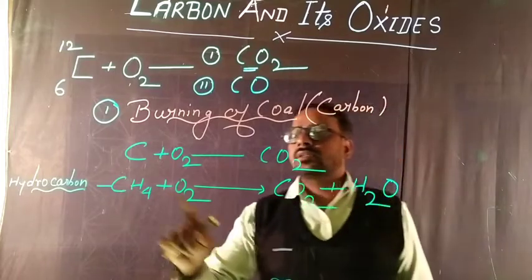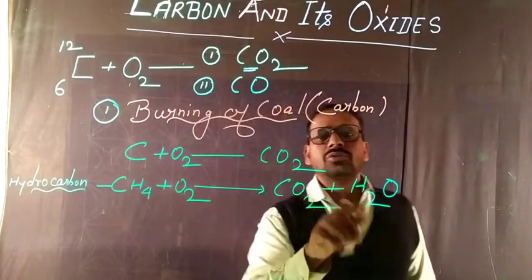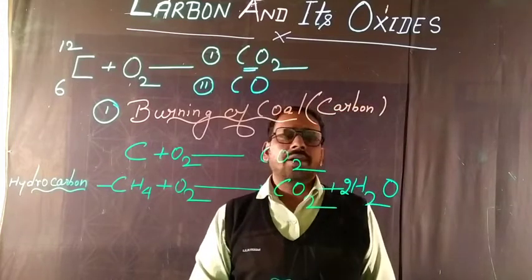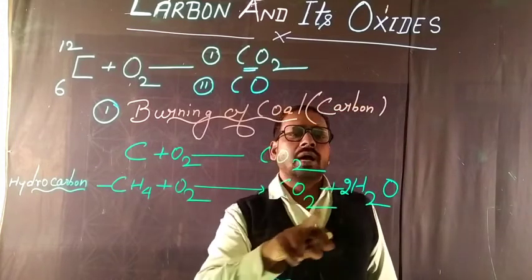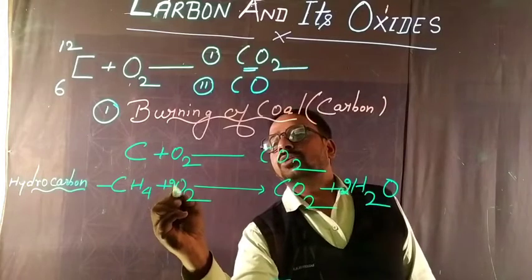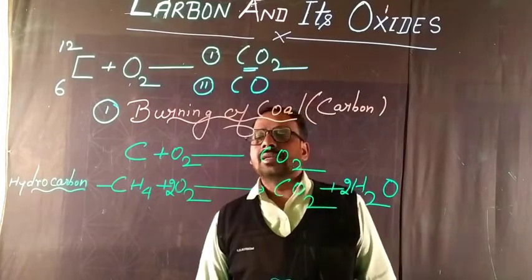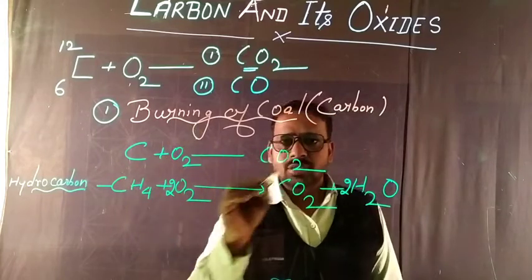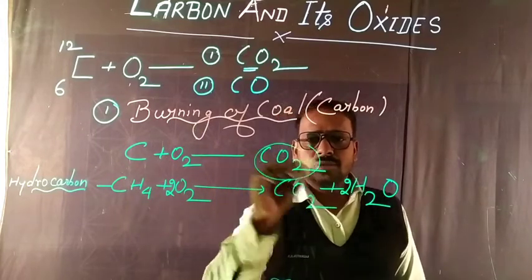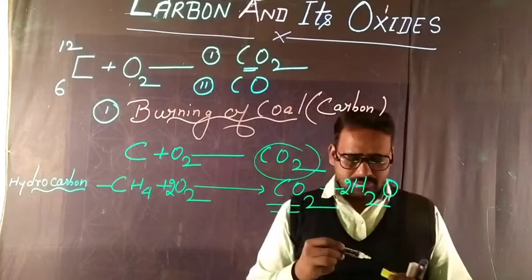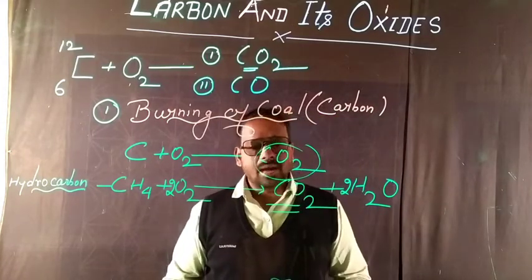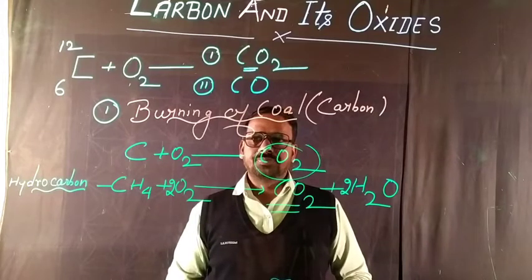You can balance it. Here there are 4 hydrogens, there only 2. By putting 2, you will get 4 hydrogens, and how many oxygens are there? 2 and 2, 4. By putting 2, you will get the balanced equation. So in both reactions, we are getting carbon dioxide. This is the first process by which we can prepare carbon dioxide.